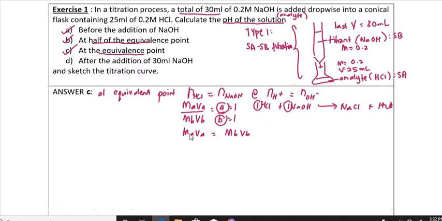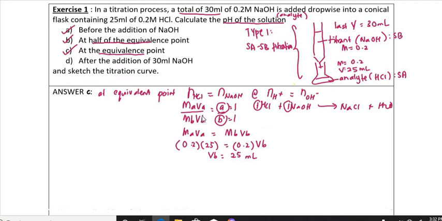We know when M multiplied by V will get the mole. So molarity acid here is 0.2, volume is 25. Molarity base, that means your titrant is 0.2, and volume base you want to find. The VB here is 25 ml.